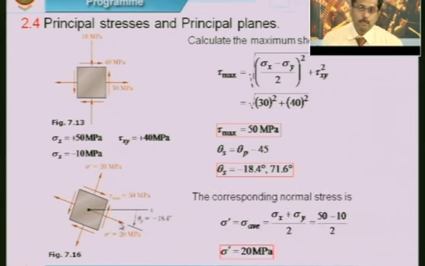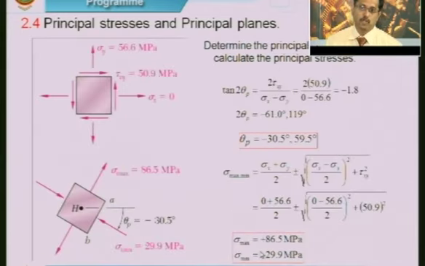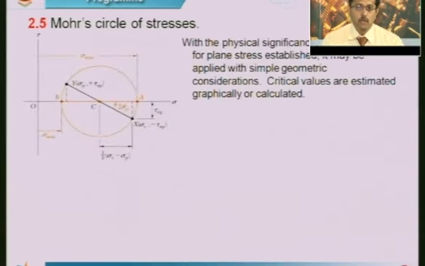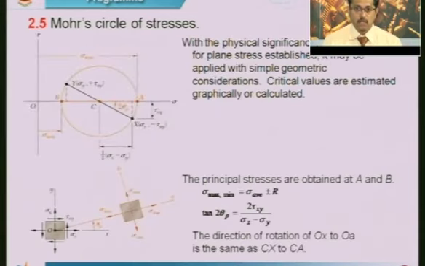Okay. So, the average normal stress is 20, which we have got using the Mohr circle also. So, I hope all of you have understood what the derivation for Mohr circle is, how to draw the Mohr circle, and how to take the values from the Mohr circle.